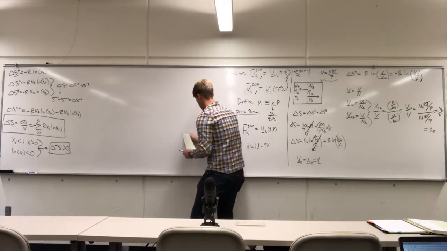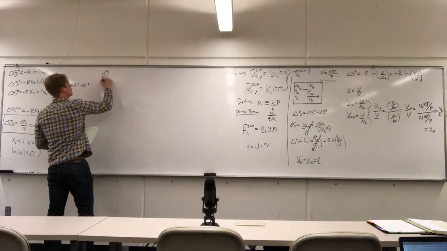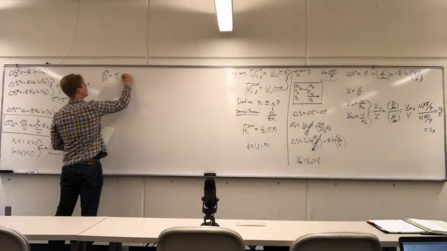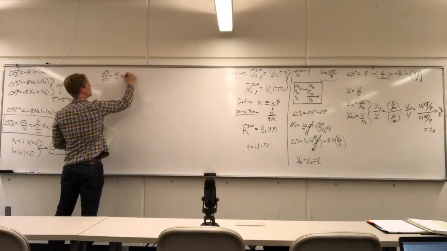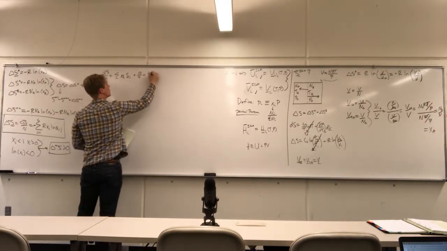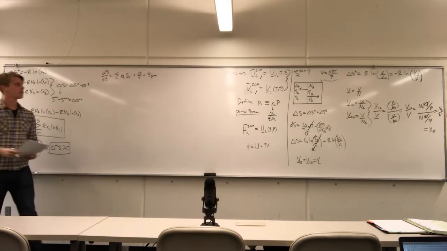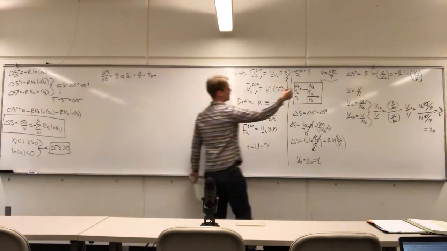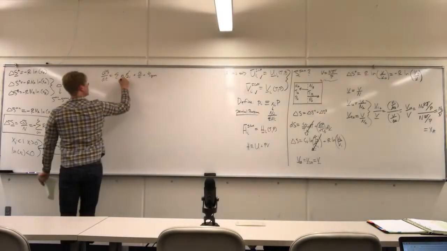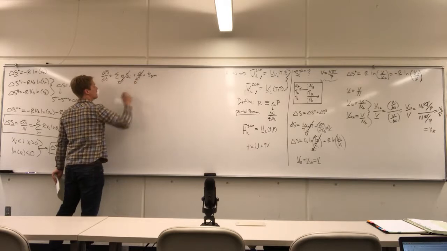Let us take a look at an entropy balance. Okay, this is our generalized entropy balance. In this case, I'm going to do it based on the entire system, in which case it is closed. We can say that it is adiabatic.